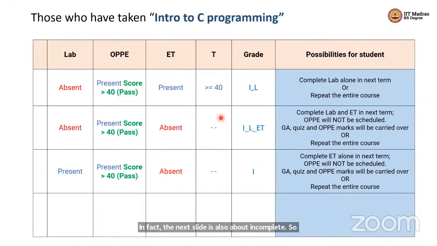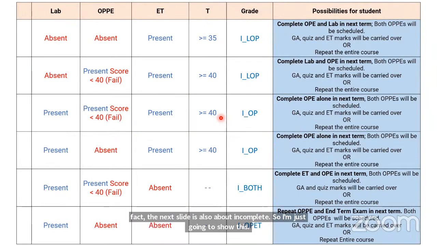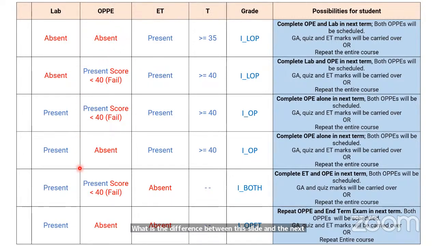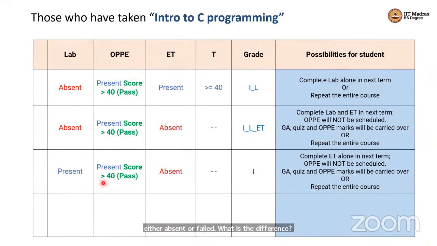The difference between this slide and the next is that in this, OPPE is either absent or failed. When it comes to the next slide, we are talking about OPPE being present and score more than 40%. That means you have passed. I'll come to this last slide later.